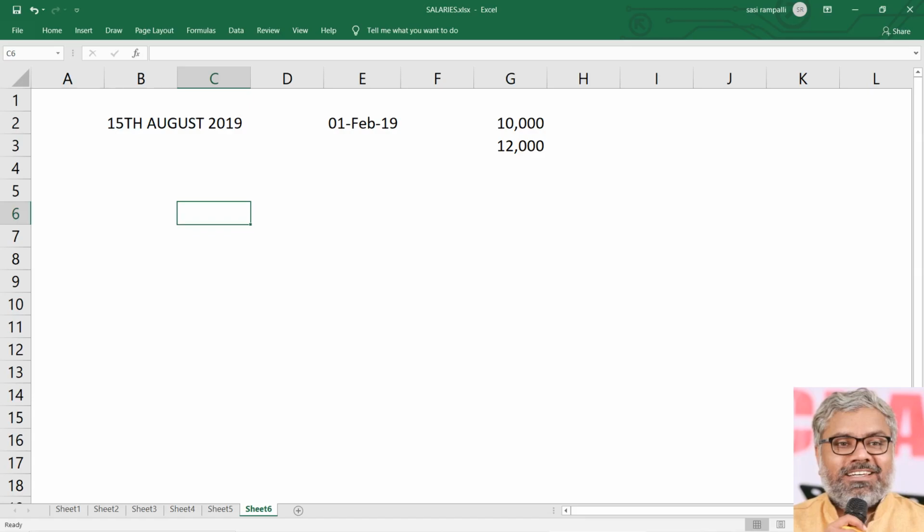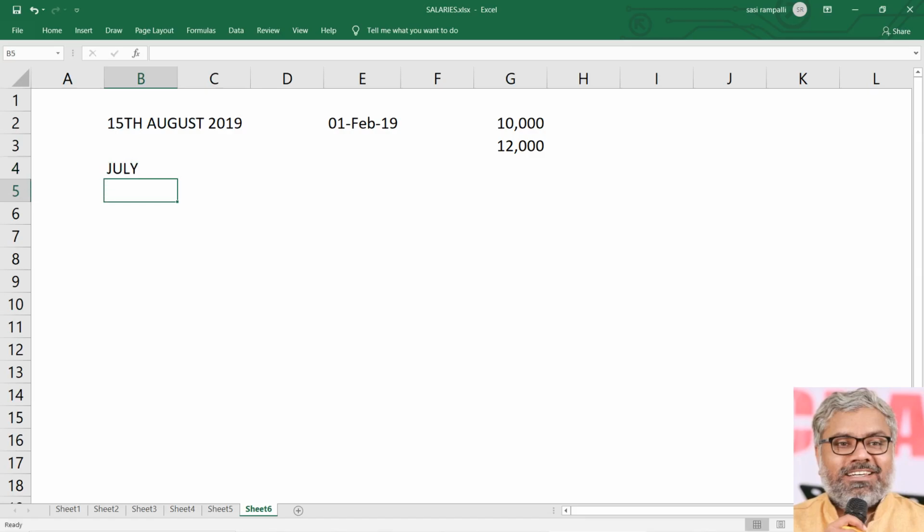And here the average salary for the purpose of leave salary is the average salary for the last 10 months preceding the date of retirement. So again, we have to be a little approximate here. We cannot say one day also is important, but in general, let us say 15th August was his last day of retirement. Preceding the month of retirement means definitely it will be July.